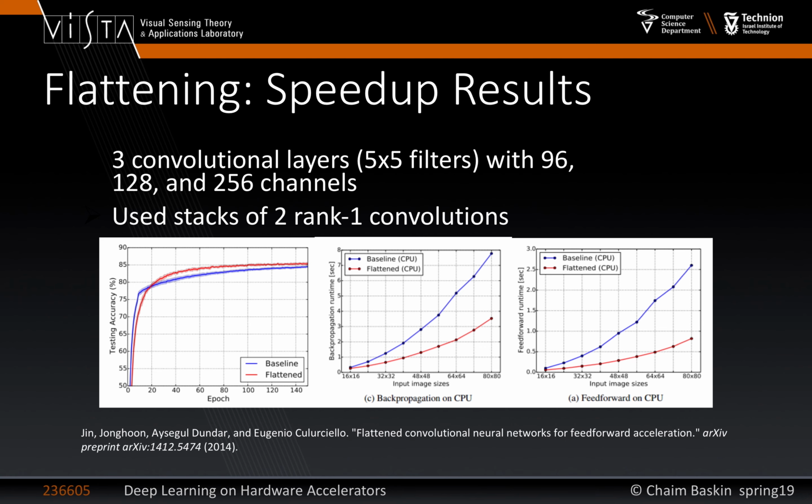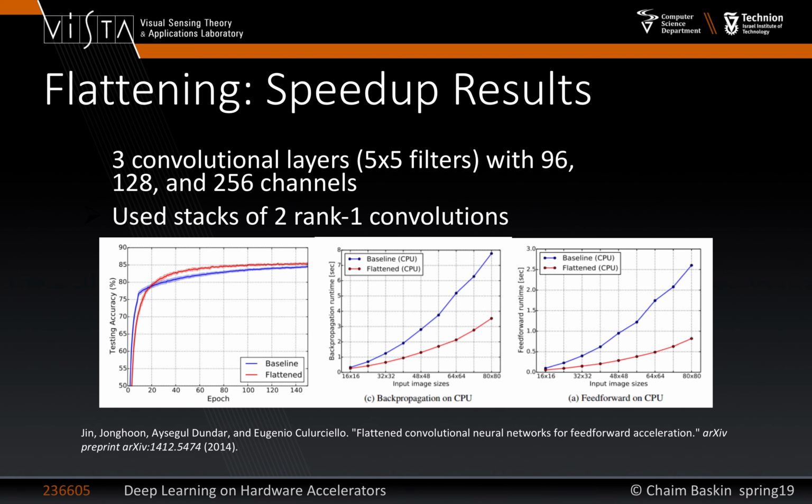Again, you can see it's a very shallow network, only 3 convolutional layers, so they could afford to do it on CPU. If you reduce the number of operations, you will of course reduce the time. It doesn't really matter because you reduce the number of operations.